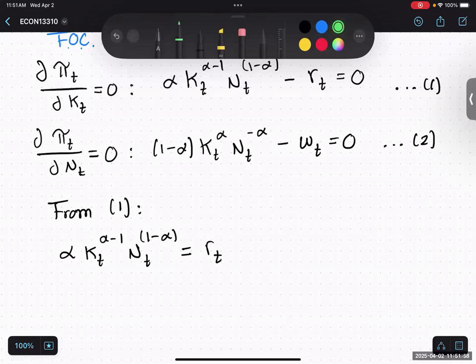If you do that, on the left-hand side the exponent of K_t is 1. You have the same base, K_t, so you can add the exponents.